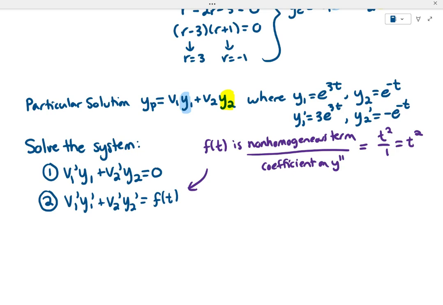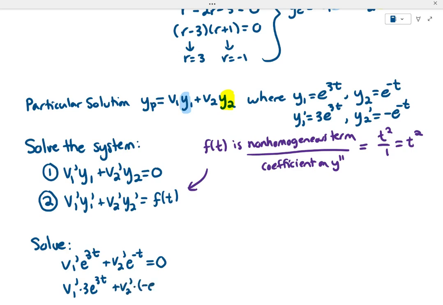So our system of equations is v1 prime e to the 3t plus v2 prime e to the negative t equals 0, and v1 prime times 3e to the 3t plus v2 prime times negative e to the negative t equals t squared.